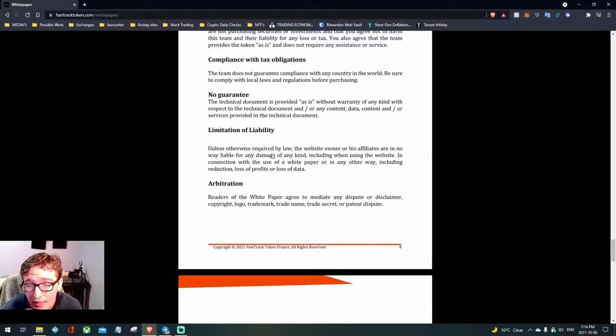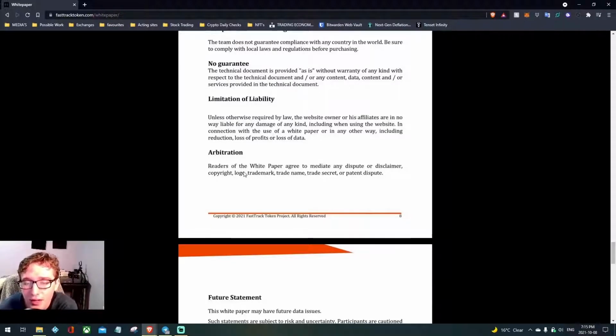Unless otherwise required by law, the website owner or his affiliates are in no way liable for any damages of any kind, including when using the website, in connection with the use of the white paper, or in any other way, including reduction, loss, or profits, loss of data. So basically, we're not liable for any losses, just in case something bad happens. Who knows?